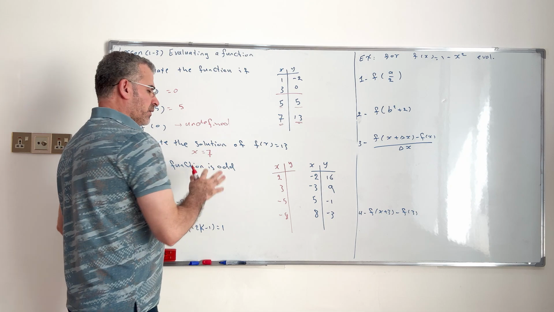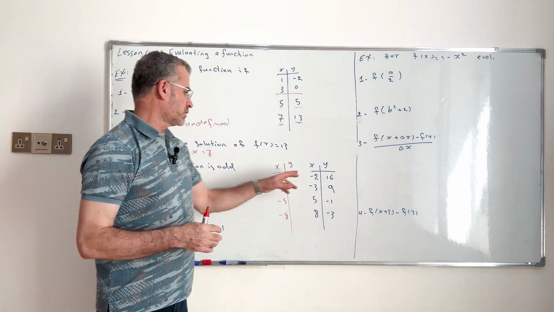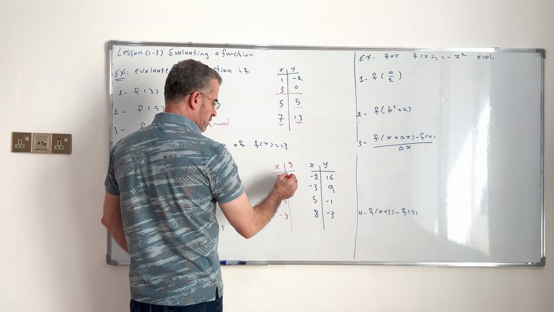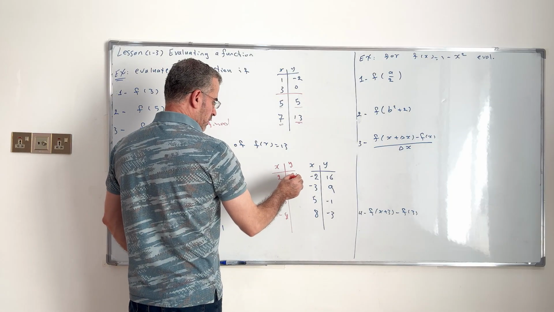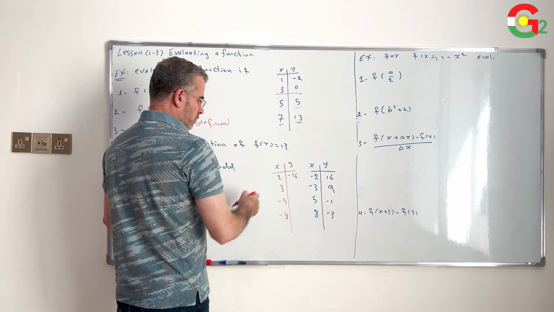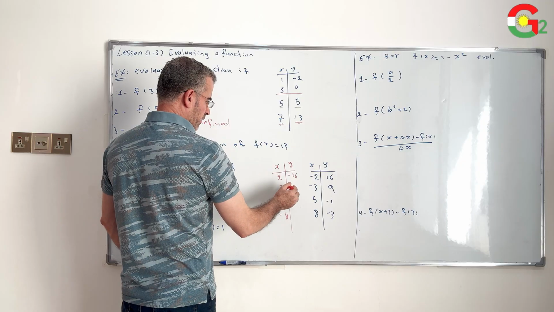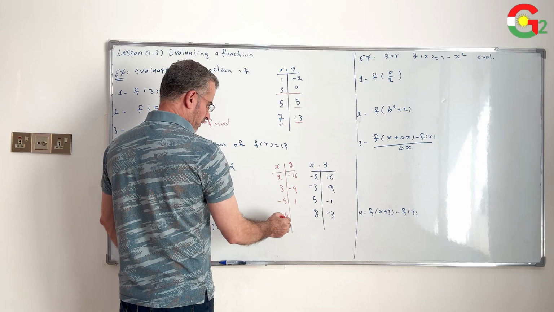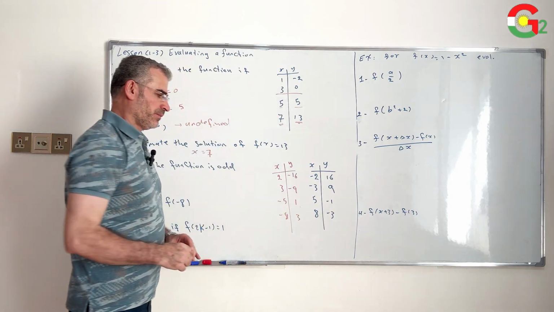You know if the function is odd, when you change the sign of x, the sign of y also will be changed. Then f of 2 will be -16, f of 3 will be -9, f of -5 will be 1, f of -8 will be 3.